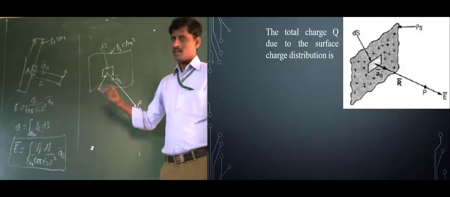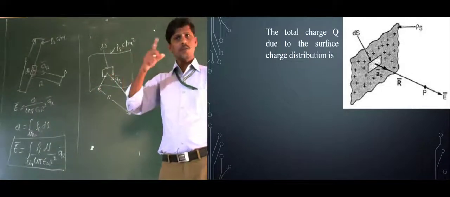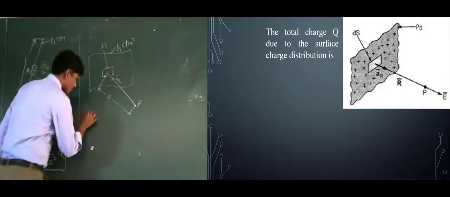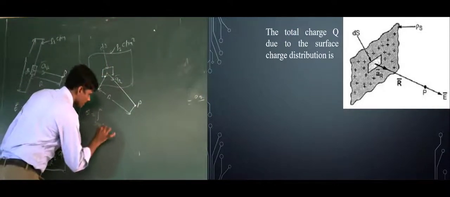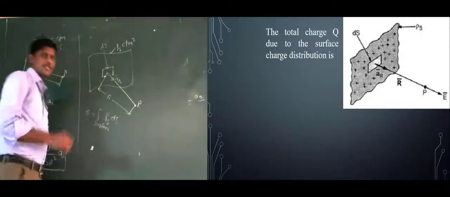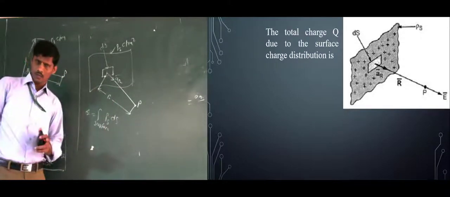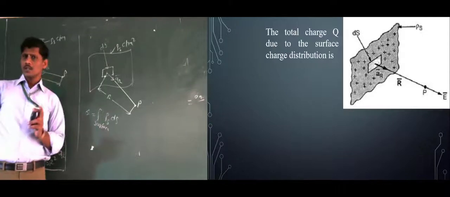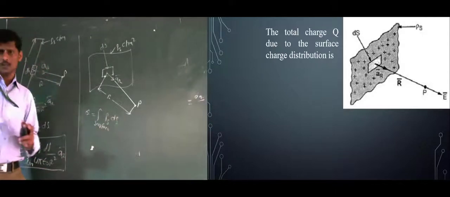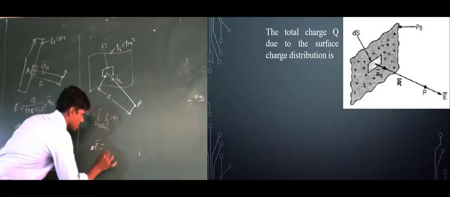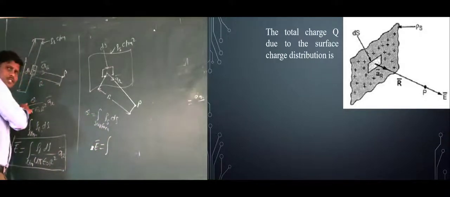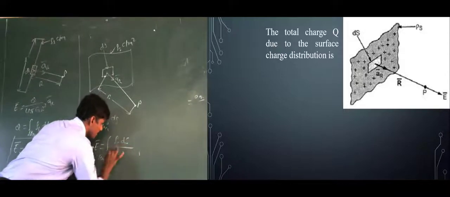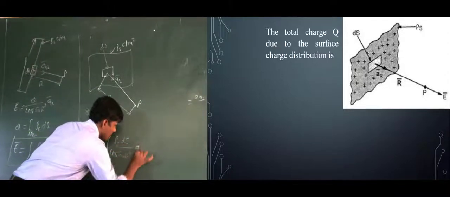Now, the total charge due to the surface charge distribution is Q equal to the surface integral of rho s ds. Substituting this charge value into the equation, we get the electric field intensity E bar equal to the surface integral of rho s ds by 4 pi epsilon naught r square into AR.